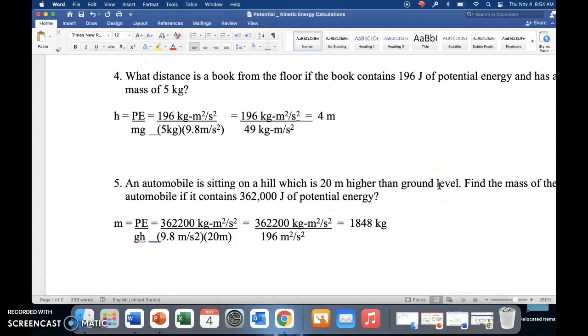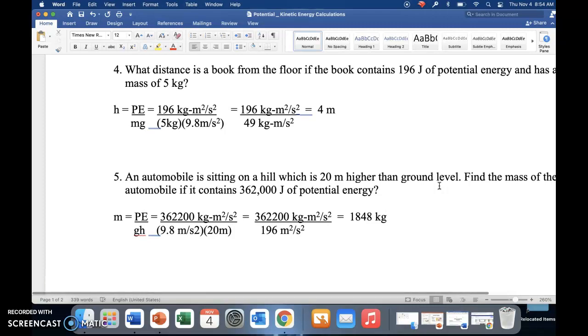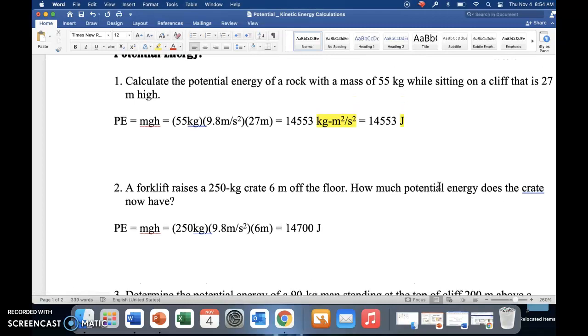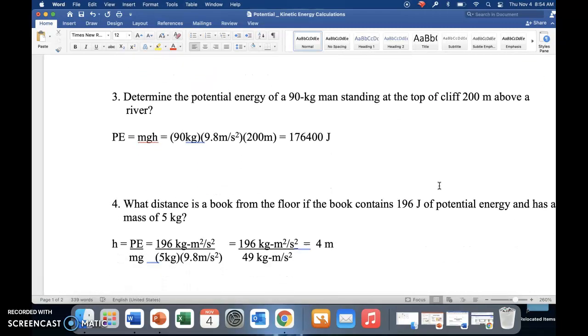Okay, so that is how you do your 5 potential energy calculations. Again, if we scroll back up here, we had 14,553 joules. Again, remembering a kilogram meter squared per second squared is a joule. Second one, we ended up with 14,700.